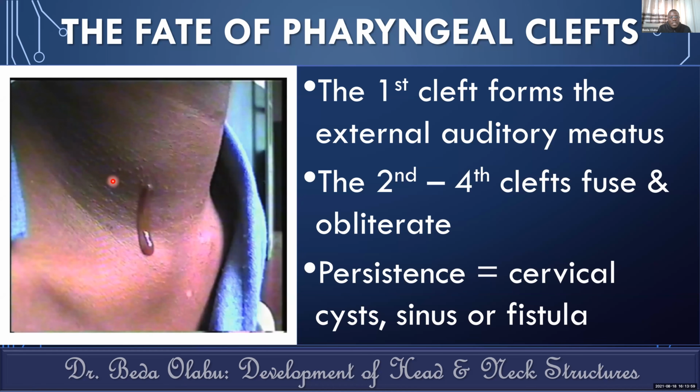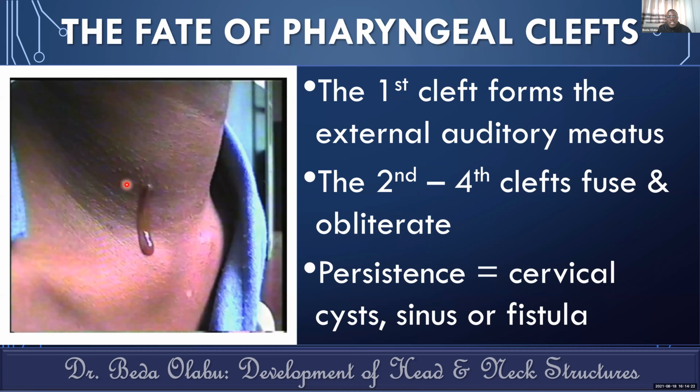Like the one we are seeing in this image, we can see it draining, and perhaps it's closed on the inside, so most likely a cervical sinus. Of course, this one cannot be a cyst because a cyst can't drain. But if it is opening into the pharynx as well, then we'll call it a fistula.